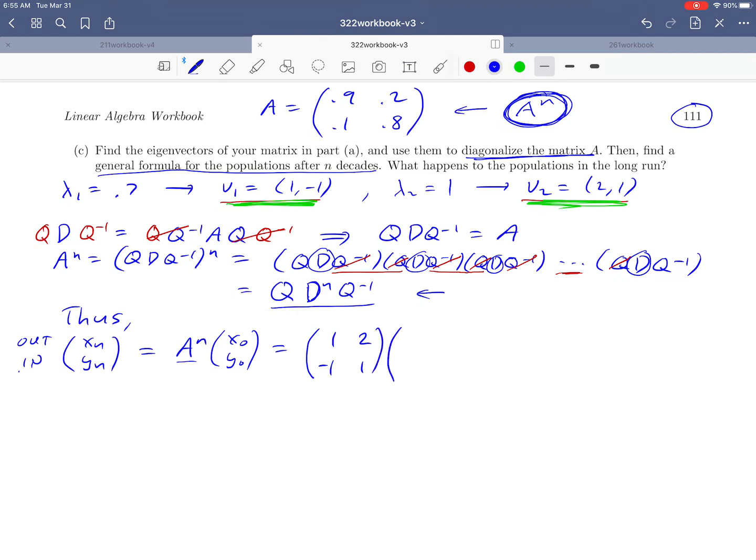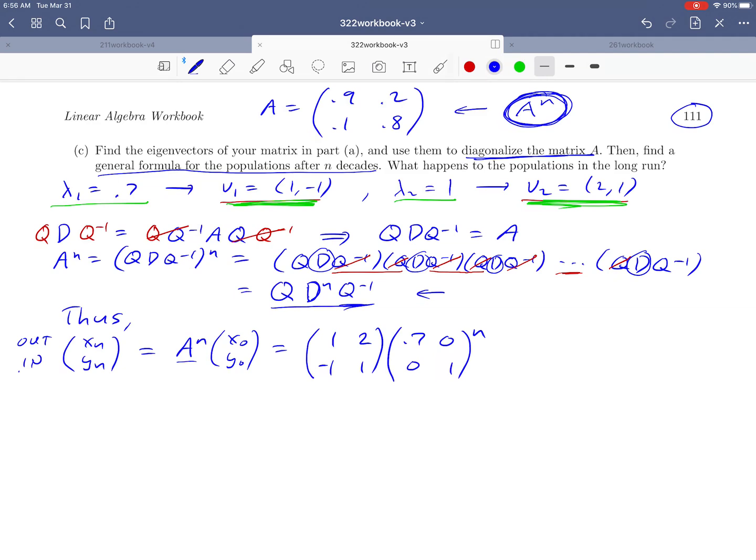And then D was a matrix that was diagonal and had the eigenvalues going down the main diagonal. So our first eigenvalue was 0.7, and our second one was 1. So those are the numbers that are going to be on the diagonal of D. We're going to get zeros everywhere else. That's raised to the nth. And then Q inverse is what comes at the end of this.